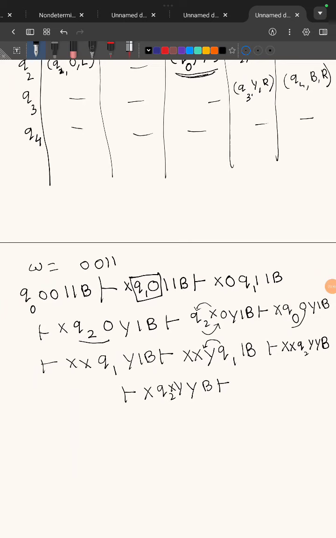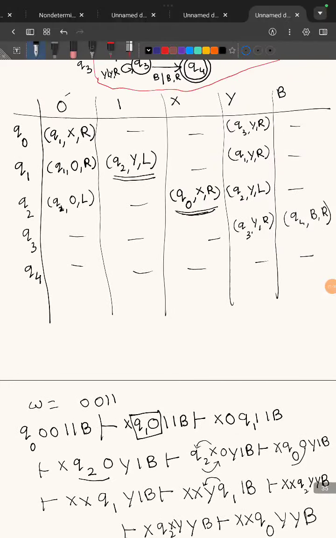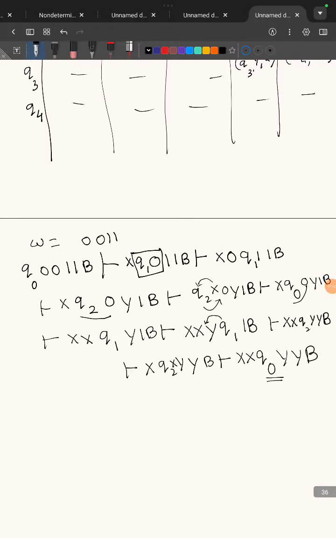Now again Q2, it is X. If it is Q2 and X, we will go to the Q0 state, right? So it will become X X Q0 Y Y B. Q0 on Y, we will be going to Q3 and moving towards the right hand side direction.